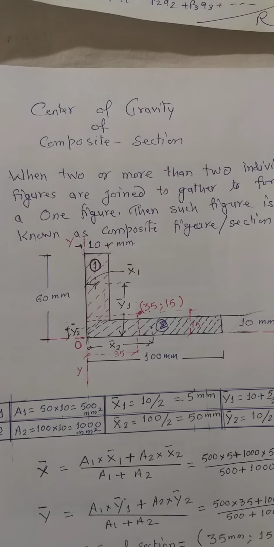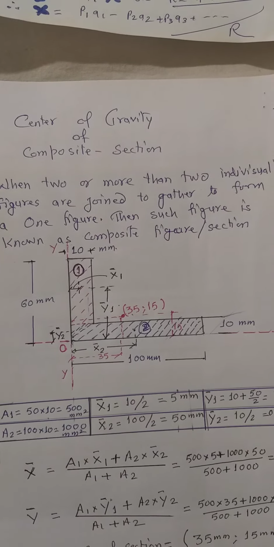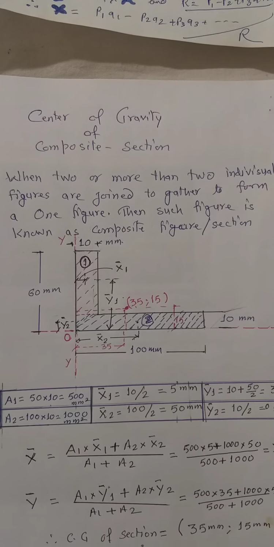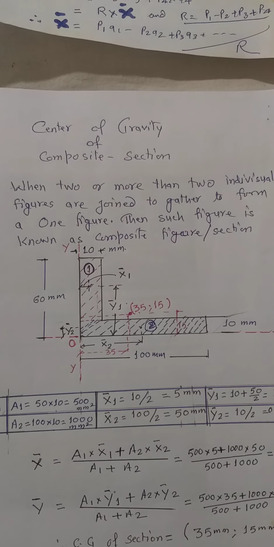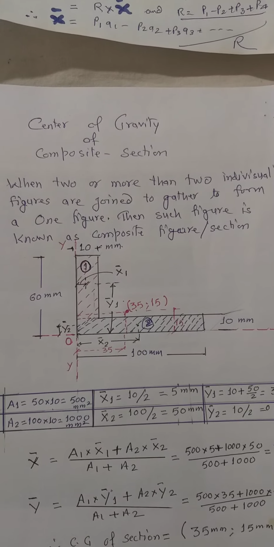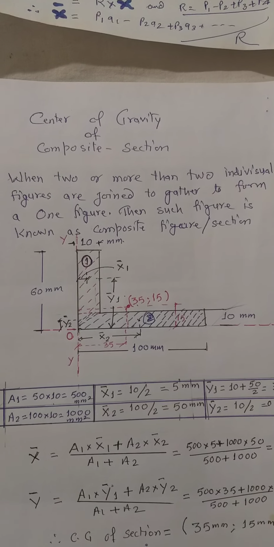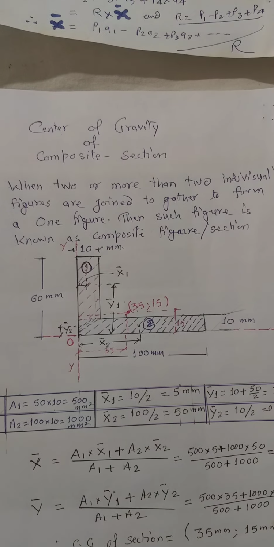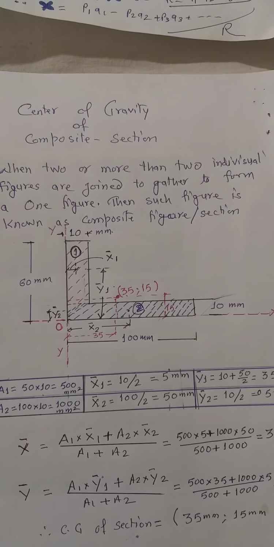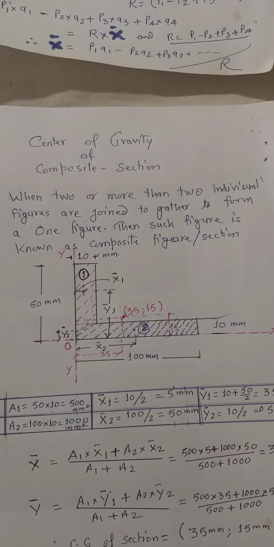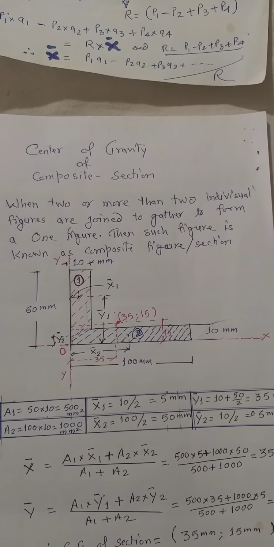That is, when two or more individual figures are joined together to form a single figure, then such a figure is known as a composite figure or composite section.